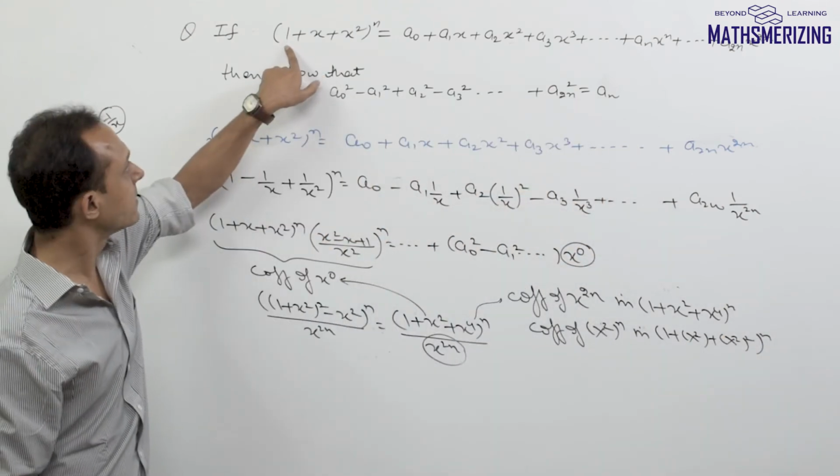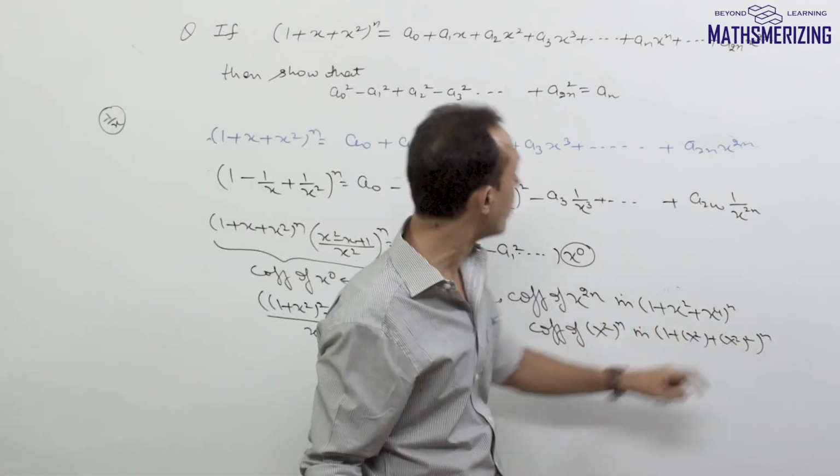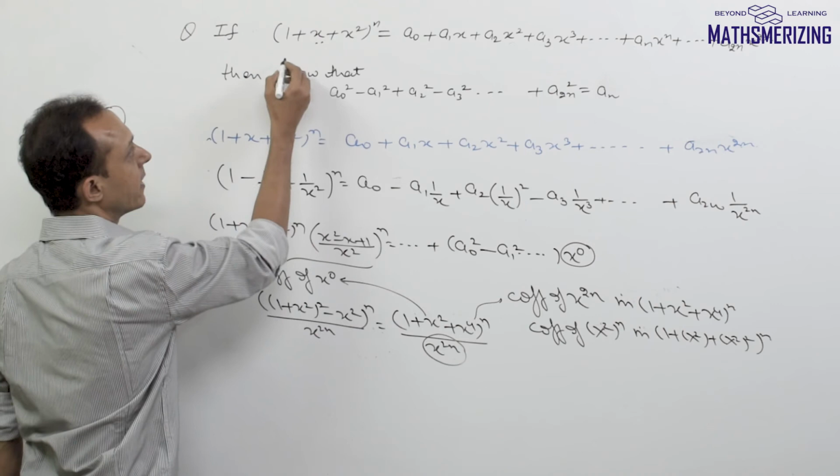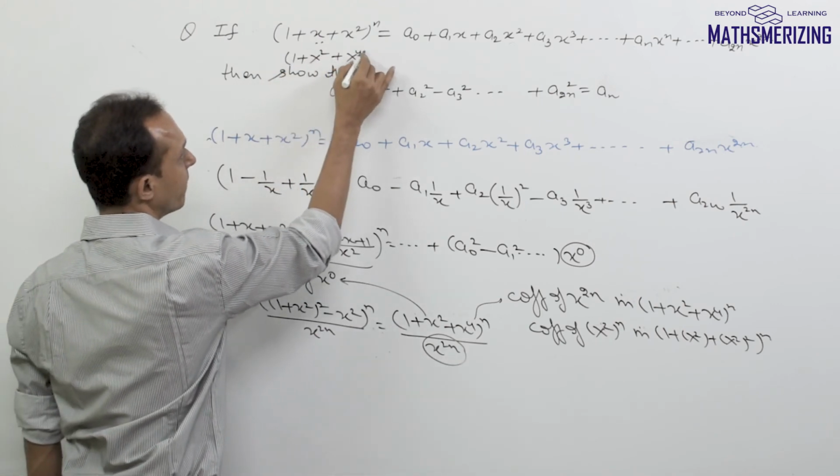If I look at this series, (1 + x + x²)^n, and I replace x with x², I'll get (1 + x² + x⁴)^n.